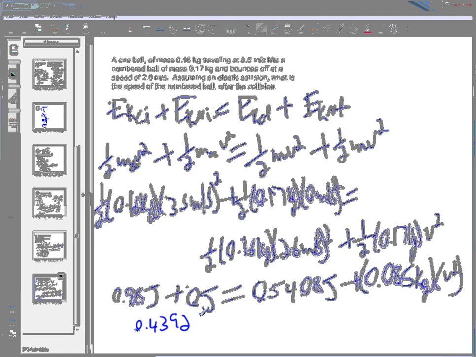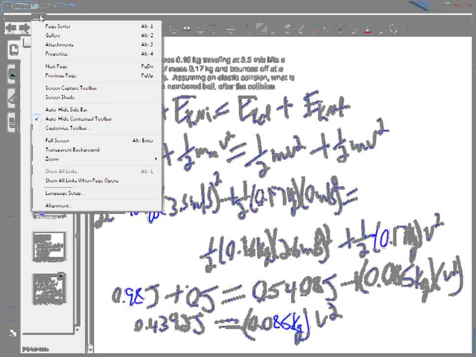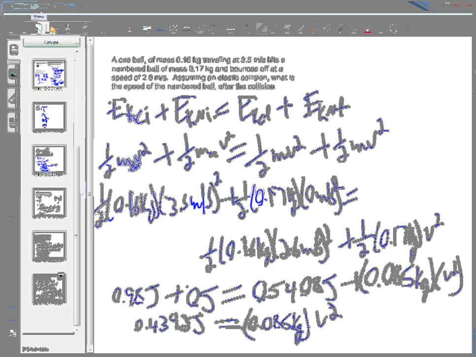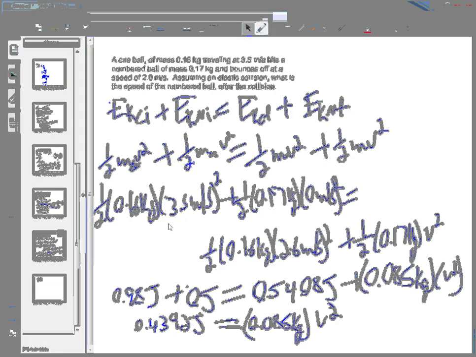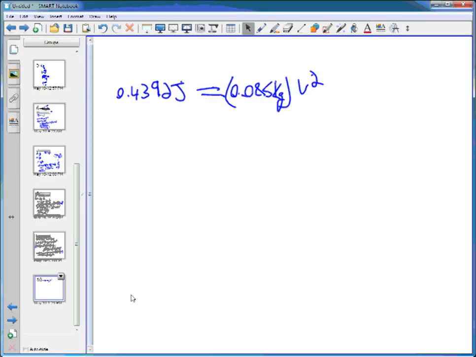I used to have a way to extend my page here. I don't see it anymore, so I'll just create a new page here. I'll just go up here and copy that onto the new page so you can see where I was going from. Okay, so we've got this now. So we can divide out to get v squared alone.